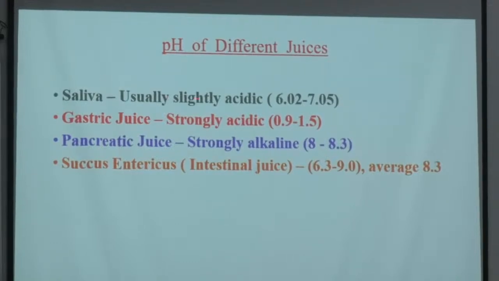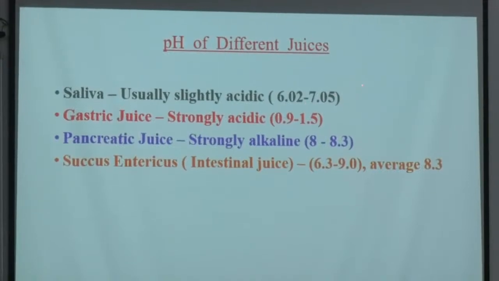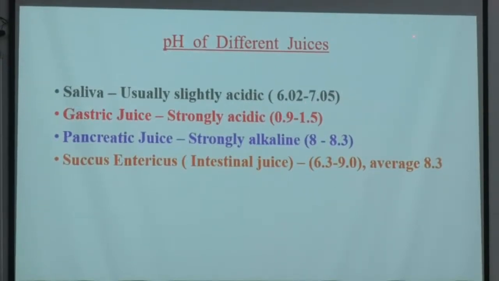So remember, saliva is slightly acidic. Gastric juice is strongly acidic, and the pH of gastric juice is normally asked. This slide, the rest you need not write. The pancreatic juice is strongly alkaline. So soon after gastric exposure, the protein will be passed on to an alkaline medium, and in that alkaline medium the enzyme will not be able to act because that is not its optimum pH.